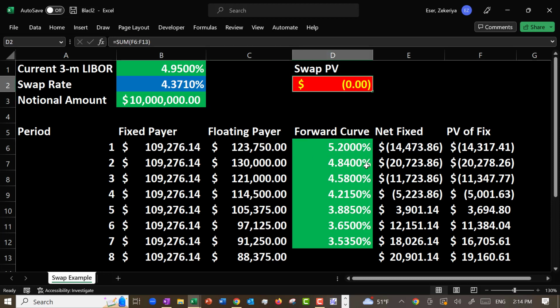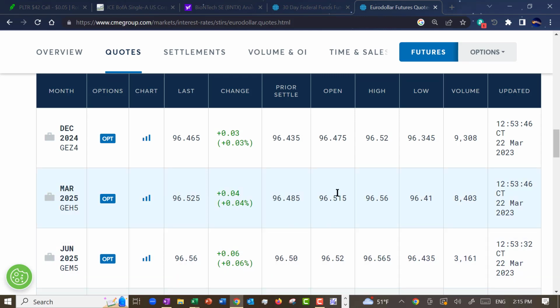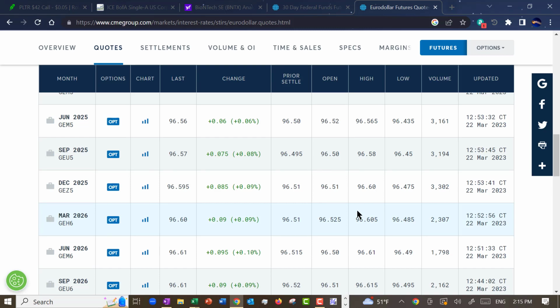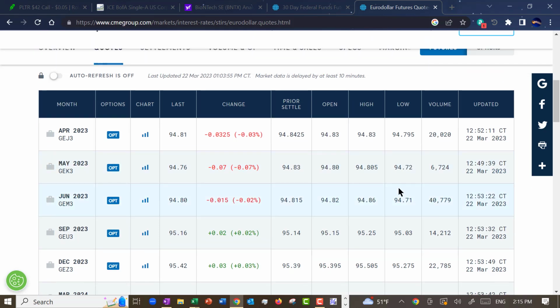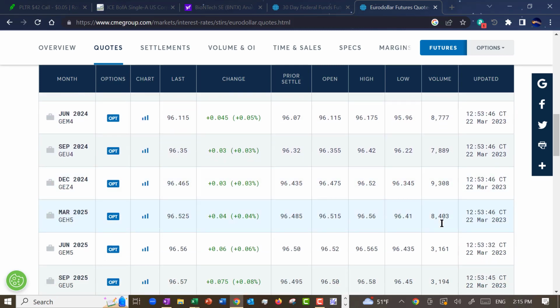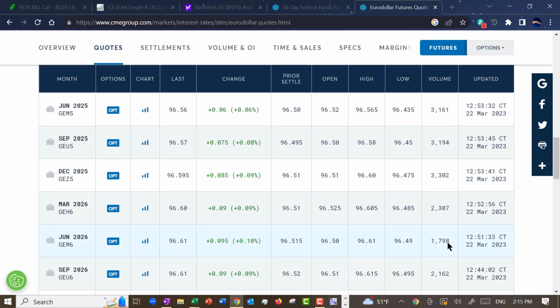If you have a 30-year swap, you're going to do the same thing with a forward curve for 30 years. When you're using the 3-month LIBOR or euro dollar futures, look at the volume. After about 2 years, there's not much volume left, okay? We can also look at the open interest.